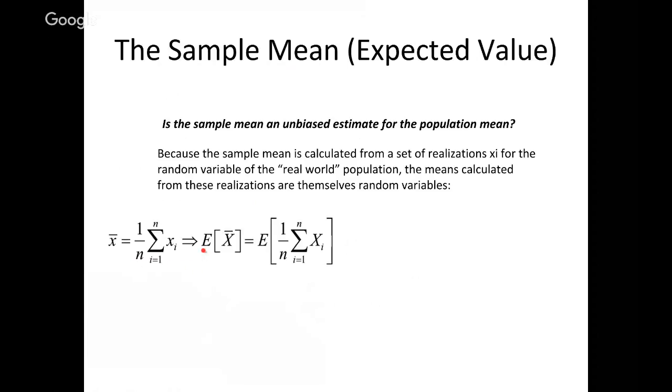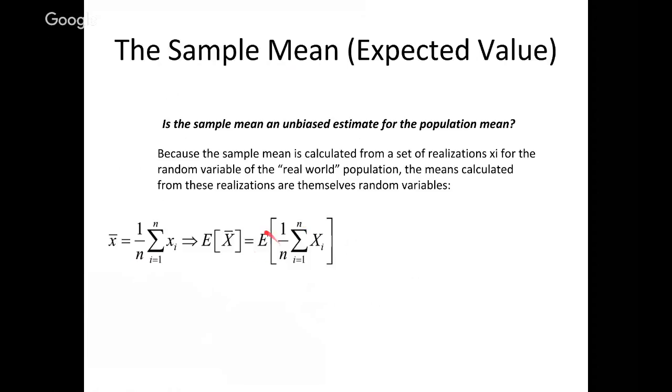Well, we can talk about taking the expected value of the random variable for the sample mean, of which this is a specific realization. That would involve substituting for the random variable sample mean its definition, which is 1 over n times the sum of the random variable Xi over all i running from 1 to n.